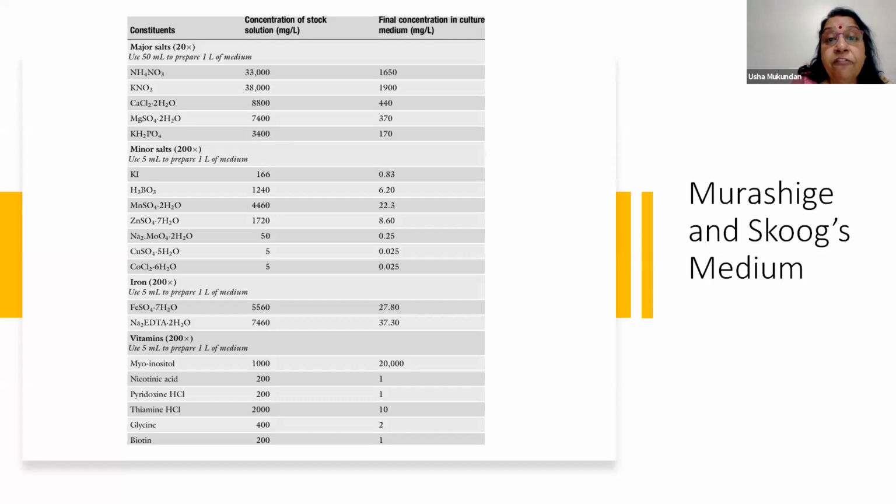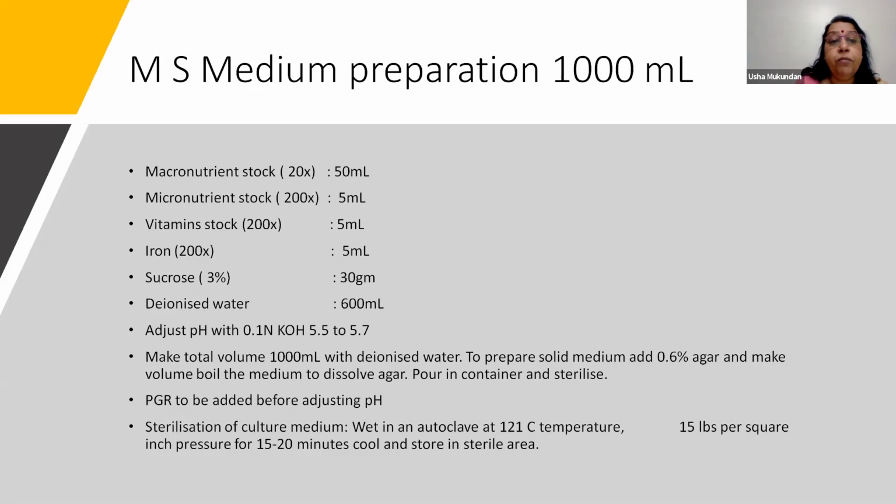Proportions will vary. Some of the culture media which you can remember are Gamborg's B5 medium, White's medium, Woody plant medium WPM, and Nitsch. These are other media, but the medium shown here is Murashige and Skoog's medium.